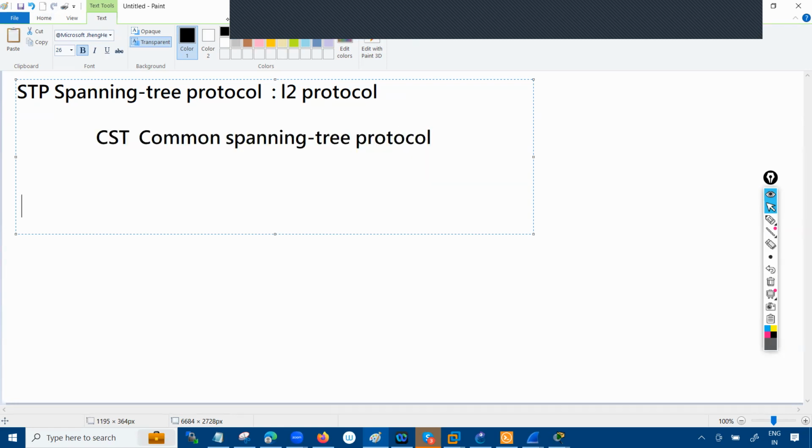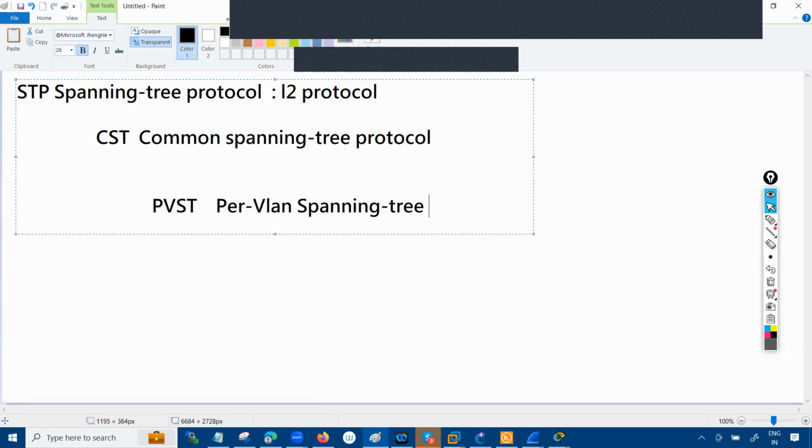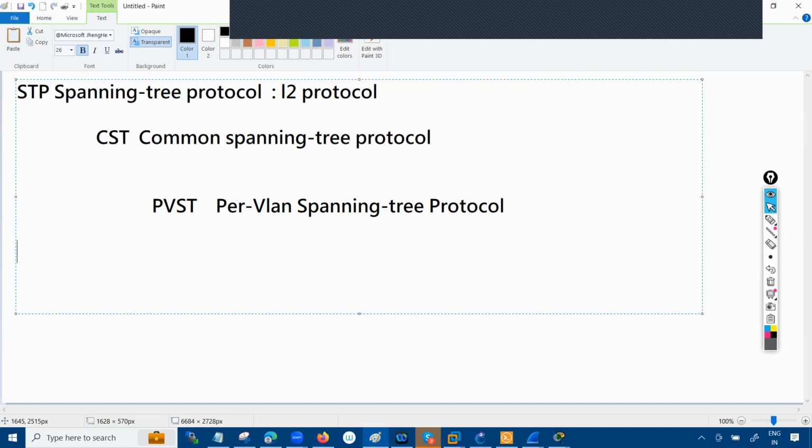The second type is known as PVST, Per VLAN Spanning Tree protocol. The third type is Rapid PVST.